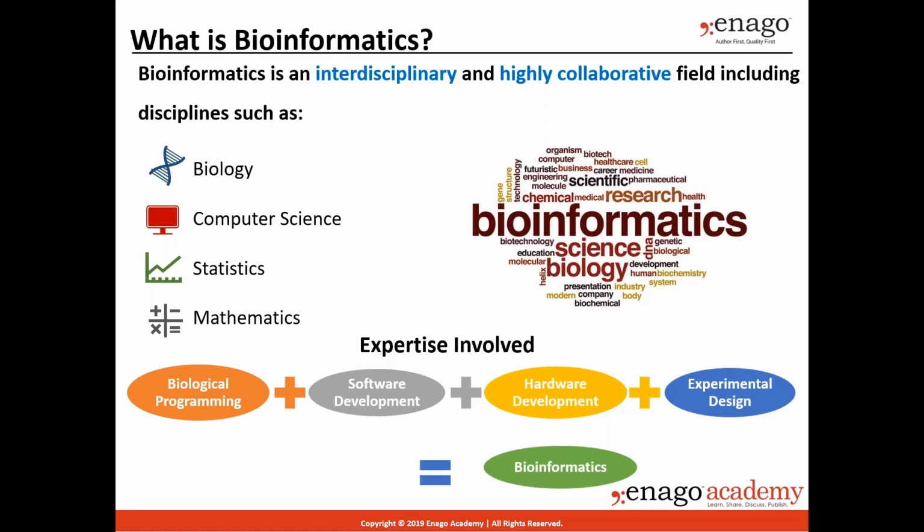It involves a lot of expertise, such as biological programming, software development in which we can use that biological programming, hardware development that allows us to use the software that we've developed, and of course we need the experimental design and the experiments. All of this put together with some other things also is what we call bioinformatics.